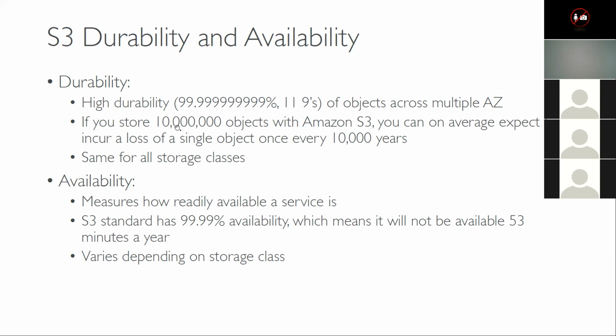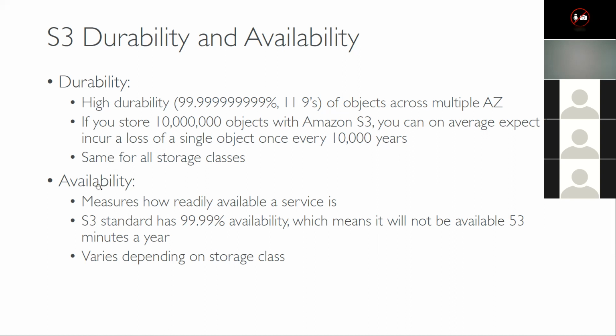Meaning if you store 10 million objects, let's say 10 million pictures, the probability of losing or corrupting your data is within 10,000 years. Oh, di ba? Tibay. It won't rot or get deleted, because there's always a triplicate copy. So before it gets destroyed, if they promise 11 nines, that's 10,000 years. We'll be dead by then. Same for all storage.